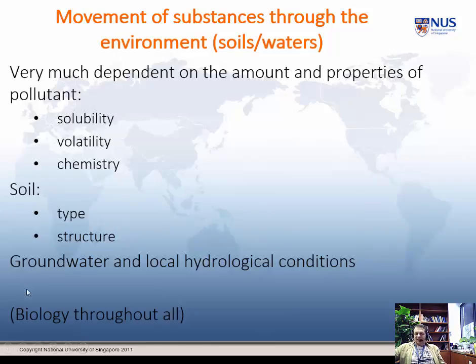And through all of these, biology is the great chemist. Often chemical reactions are mediated by the biology, certainly in water, sediments and soils. It's the fungi, the bacteria, the algae, the plants, all sorts of things. I'm not going to talk particularly about them, as this isn't a biology module, and I'm not competent to talk about it anyway.